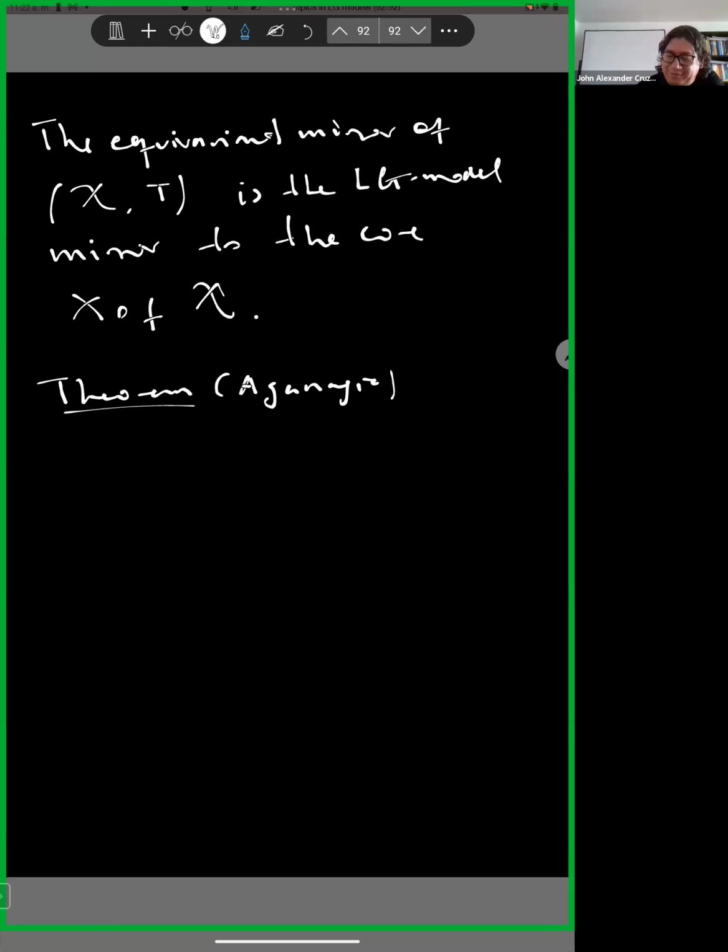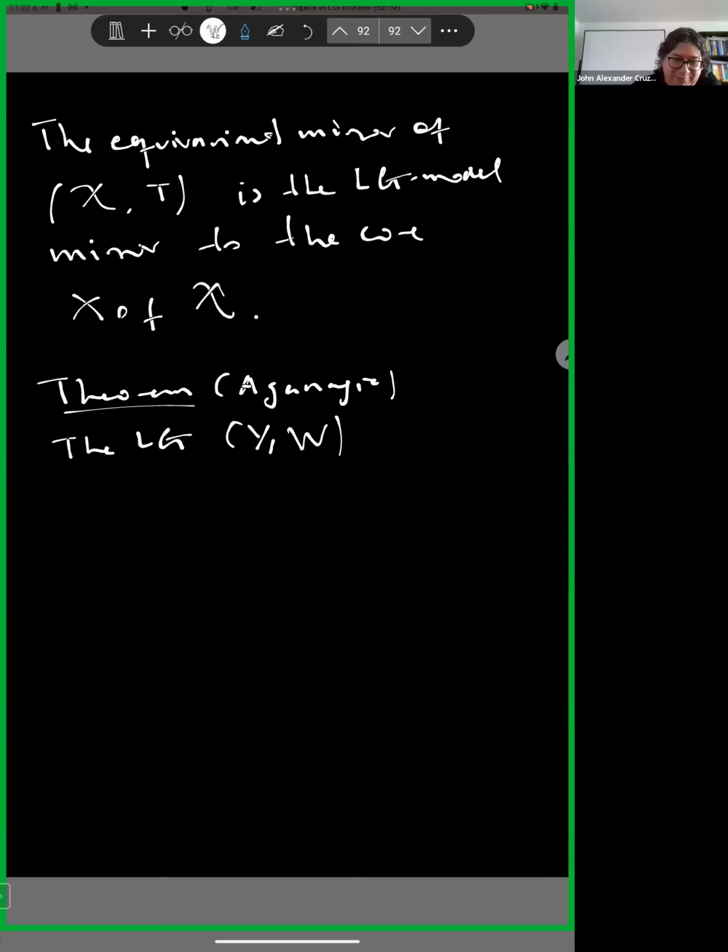So what will be the theorem? Let me write the theorem. The LG model Y, W, but the W is not the curly one, it's the W, which is visible also with twisted masses, because these equivariant parameters are mirror to the expression of W, which should correspond to twisted masses, equivariant parameters in the A model.